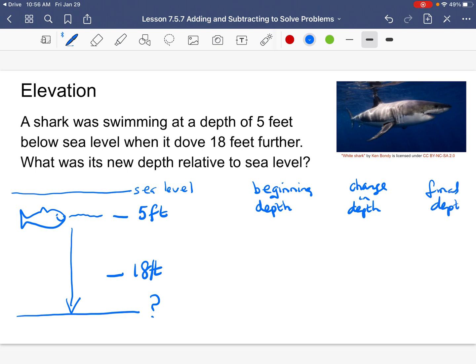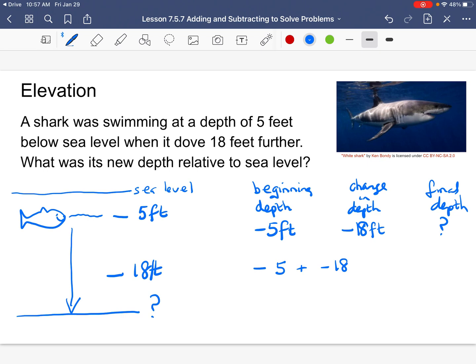So I'm organizing my information here so I can see clearly what information I have. Beginning depth, negative 5 feet. Change in depth, negative 18 feet. What is my final depth? So I will add negative 5 and negative 18 to find my final depth.